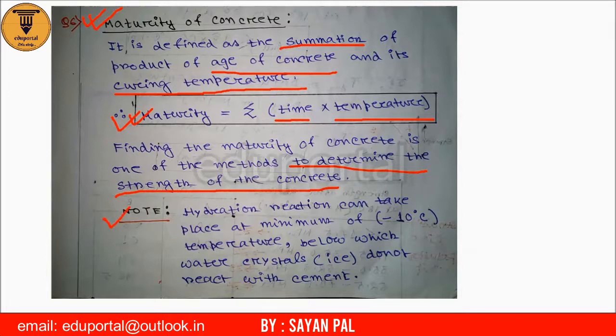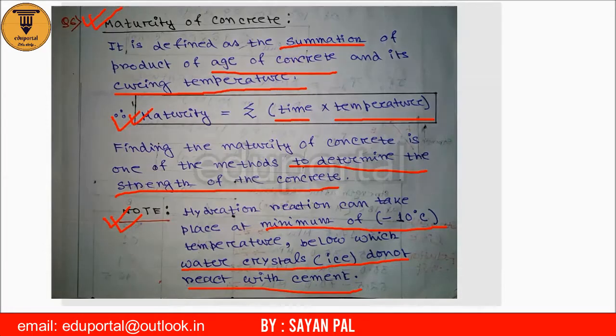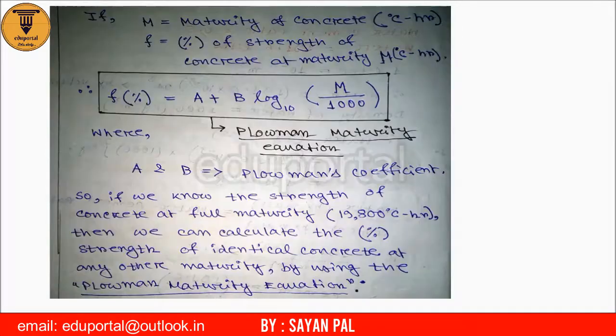Here is a small note. It says that hydration reaction can take place at a minimum of minus 10 degrees Celsius. Below minus 10 degrees Celsius hydration reactions cannot take place, because the water crystals, that is ice, do not react with cement below minus 10 degrees Celsius. Now, here m is the maturity of concrete, and its unit is degree Celsius hour.